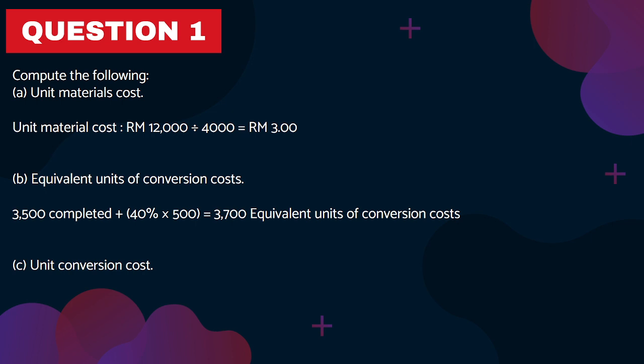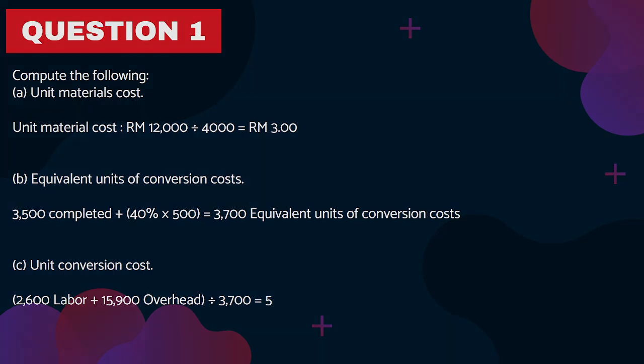The next question demands the answer for unit conversion cost, so we just take the labor cost of 2,600 plus 15,900 overhead and divide it by 3,700 from answer B, which the total is 5.